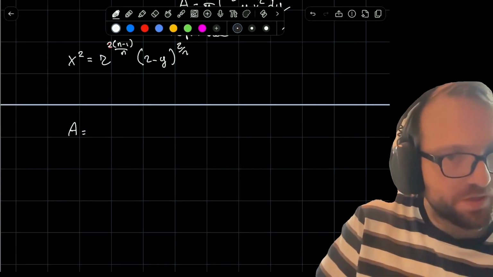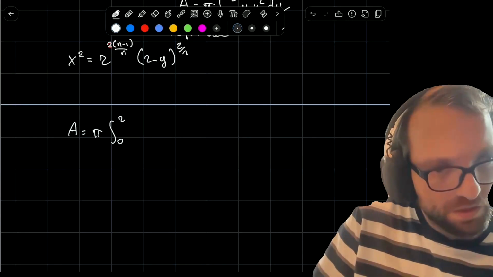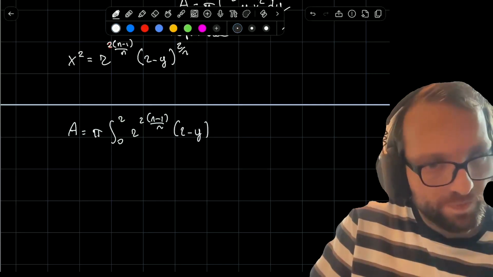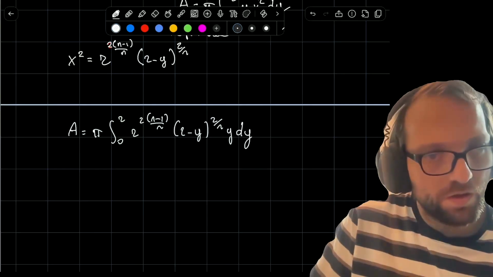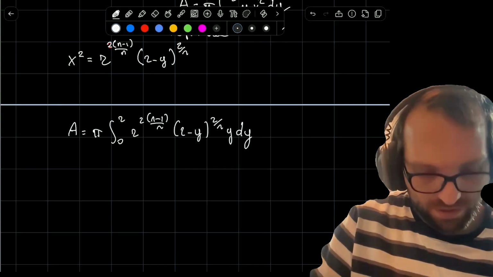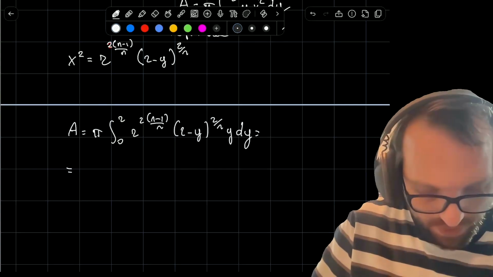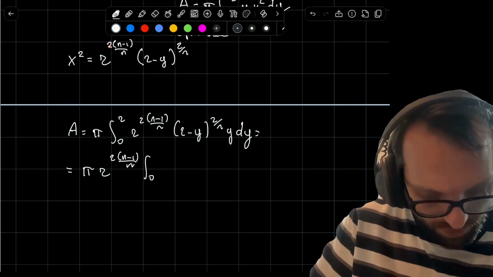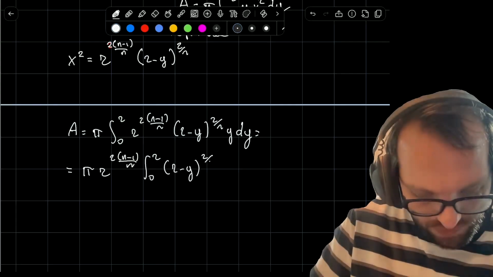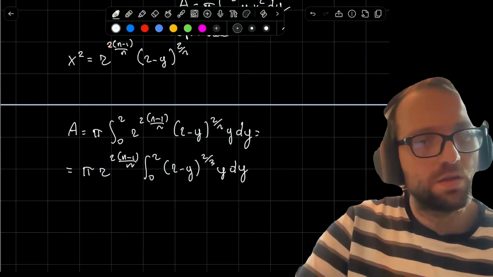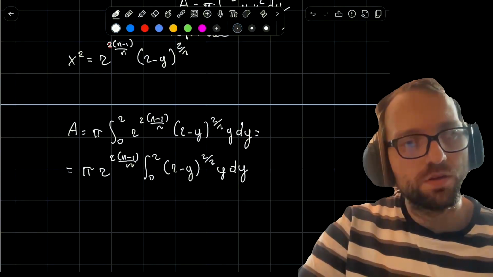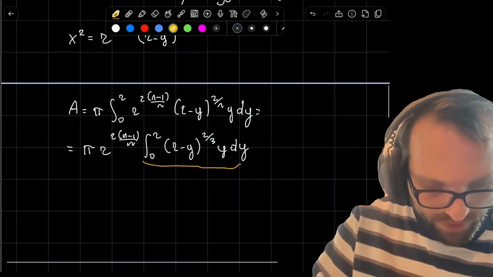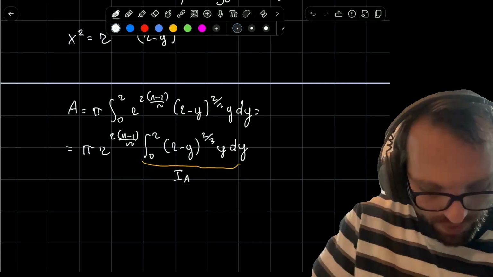So we can start with integral A. Here, what we can do is take this term out, and now we can focus only on this integral here that I'm going to call IA.